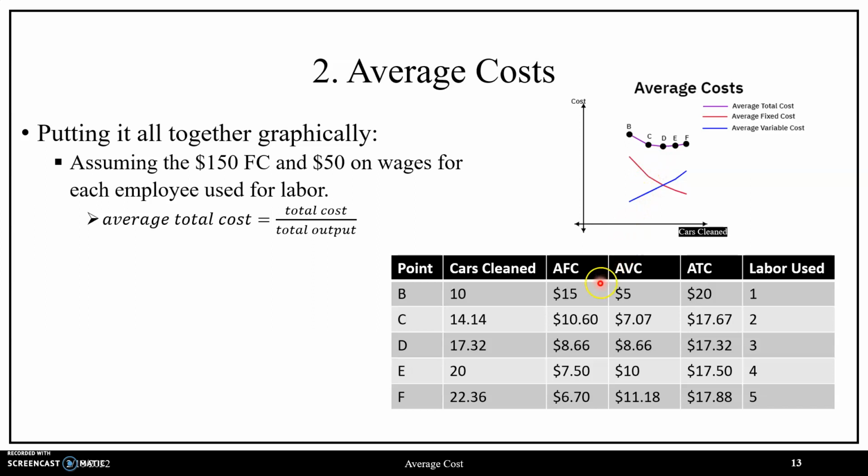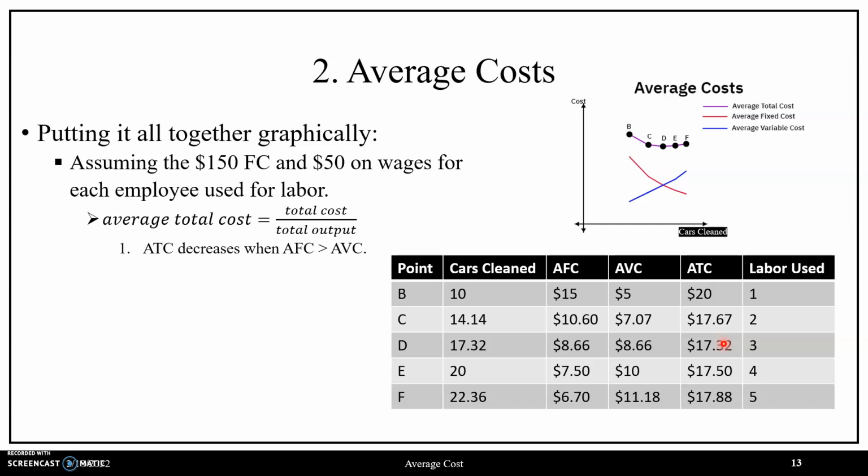We can see this in our table representation as well. At point B up until point D, we see that average fixed cost is greater than average variable cost at those points. So then we see that average total cost as a result is downward sloping up until that point as well.